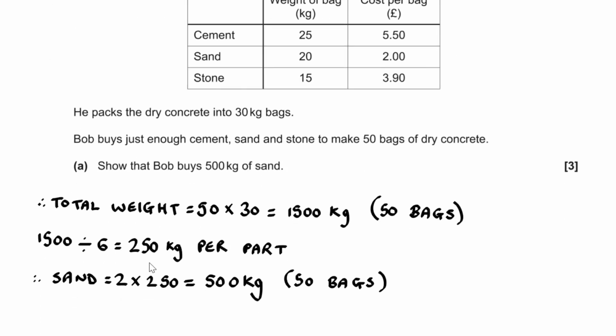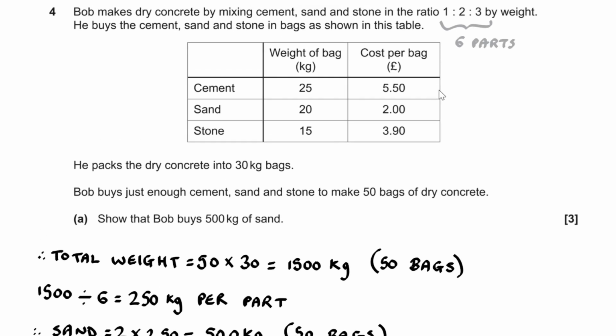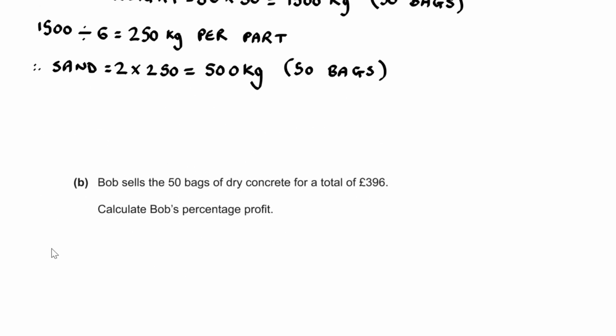So we need to multiply 250 by 1. That tells us how much cement we have. For cement, we have 250 times by, we'll just keep everything consistent, 1 times by 250, which is 250.